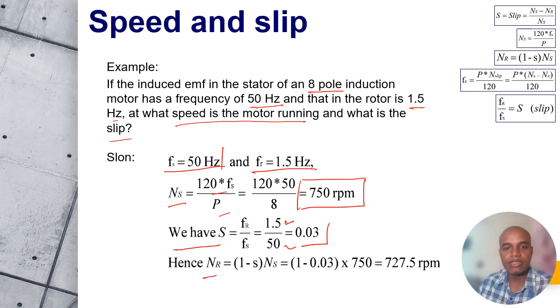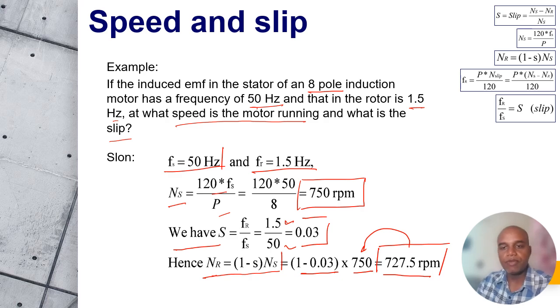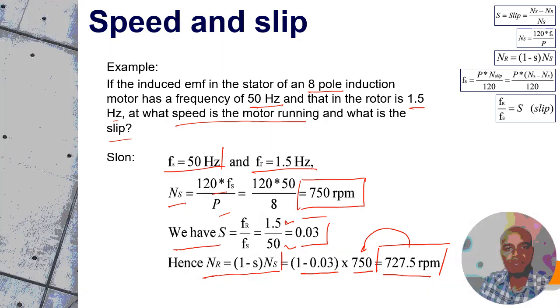Nr is nothing but (1 minus s) into Ns, so 1 minus slip into the synchronous speed of 750 rpm, and my rotor speed becomes 727.5 rpm. This directly indicates that my rotor is always lagging behind the synchronous speed, and the slip defines how much my rotor will lag behind the rotating magnetic field.